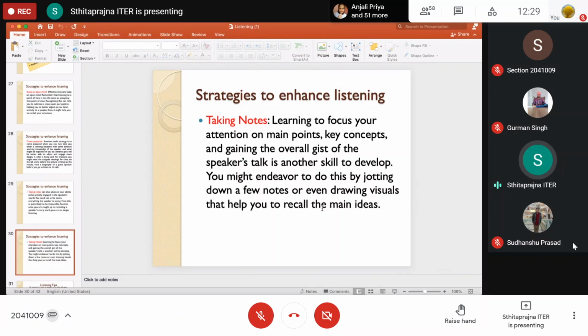Sometimes you can write down interesting words or phrases that the speaker uses. And so you might do this by jotting down a few notes or drawing visuals that help you recall the main ideas. So the purpose of note taking is to help you recall the main ideas.